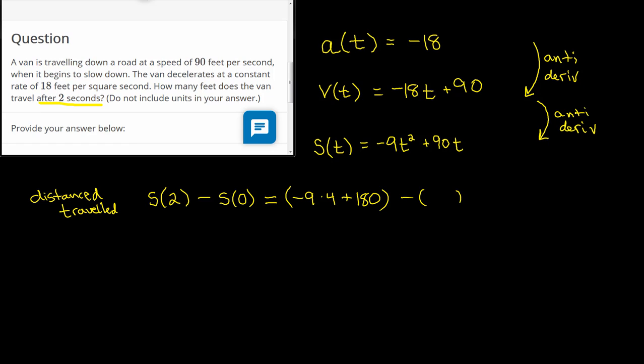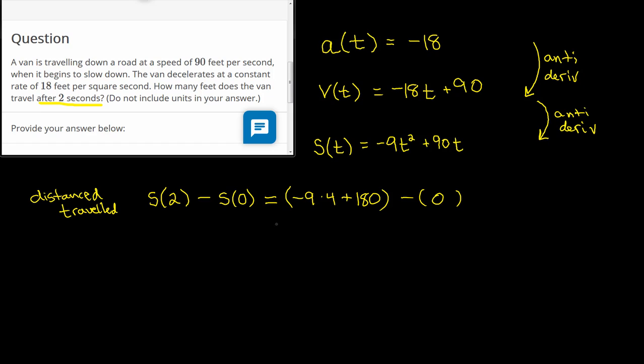Oh, but thanks to our choice of c, s of 0 is just 0. And now, maybe you can kind of see why we could put any number there. Because if we put a 17 there, then here we would get a plus 17, but over here we would get a minus 17. So it would just end up canceling out. So again, you can put any number you want there, it would still work out.